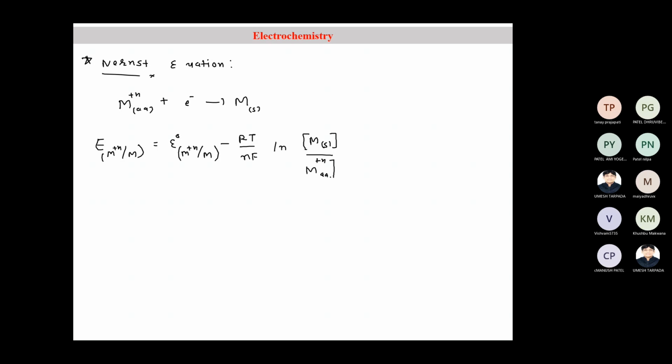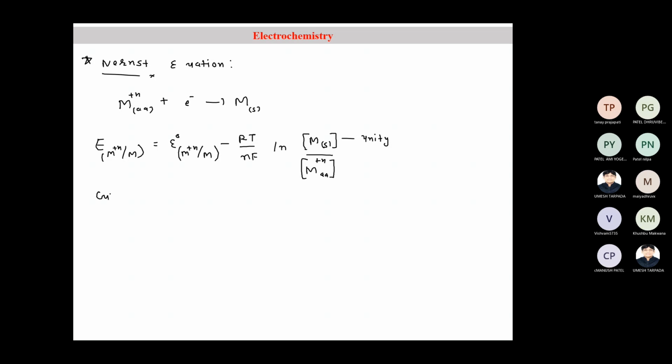This product is in solid form, so its concentration is taken as unity.